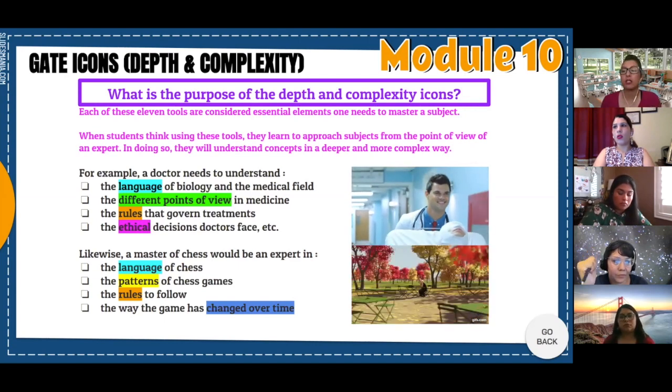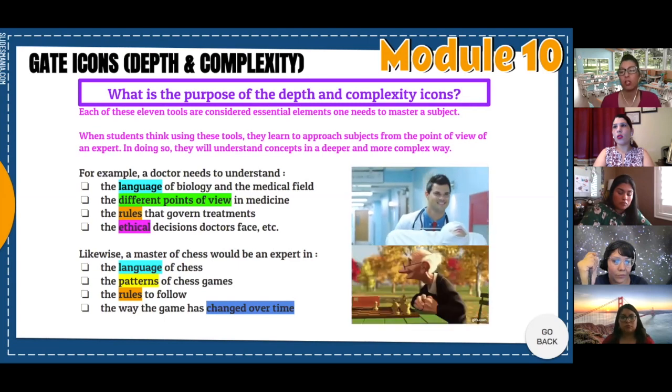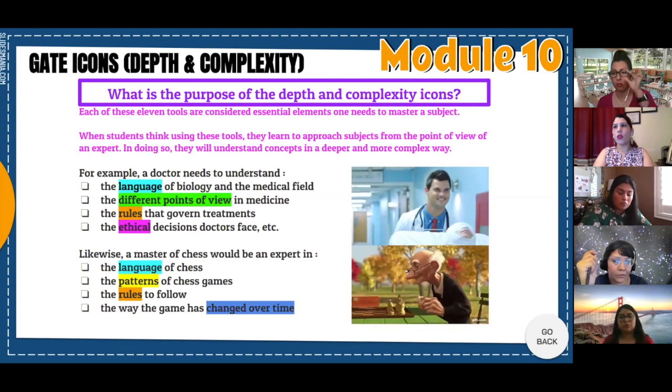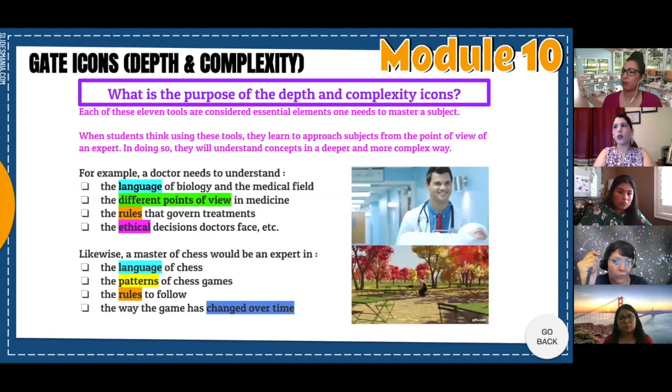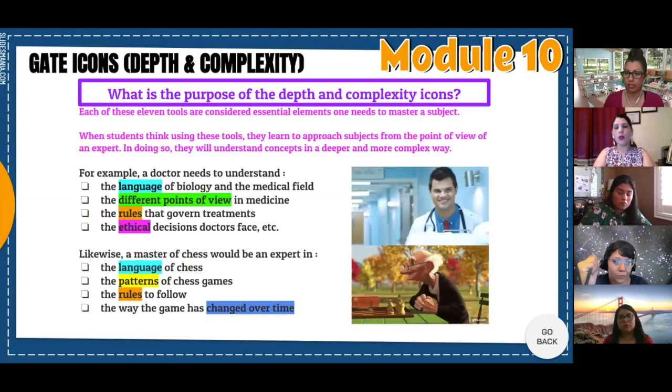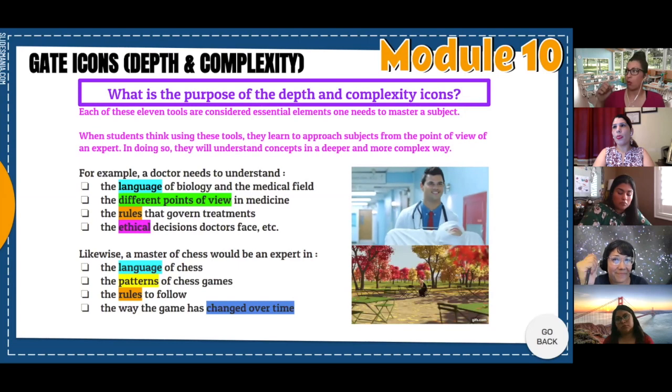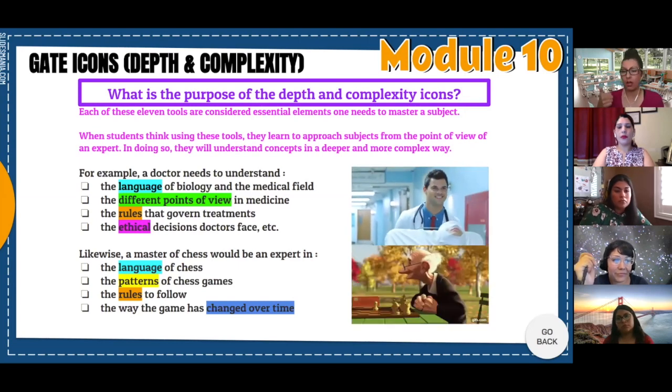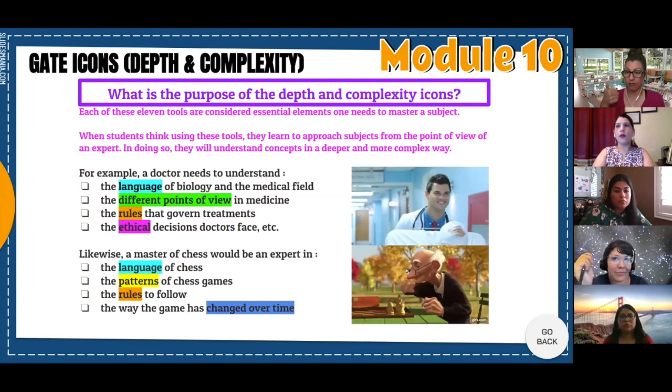For the different points of view or multiple perspectives icon, the one with the eyeglasses, there are different points of view, and it's important for students to learn a topic from them. Let's say we're doing healthcare. Think about COVID-19 right now, right? What is the perspective of the doctor that's trying to save the lives of these patients?